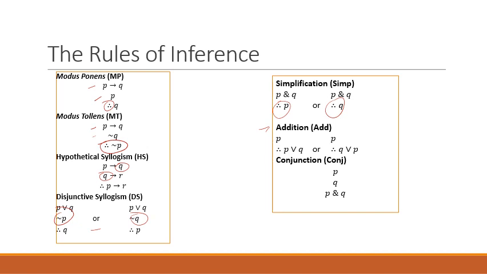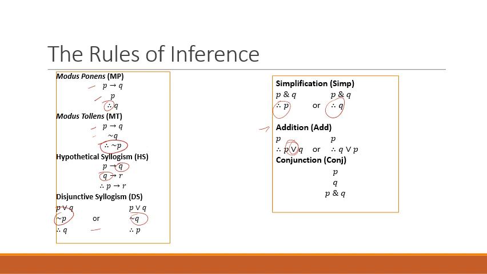So whatever Q turns out to be, or whatever P is, if you have P on a line, you can either add Q afterwards or before. It doesn't matter. But what does matter is that you use a disjunction in order to do it. So it's only valid if you use a disjunction. If you use anything else, it's not going to work. So there you have it, addition.